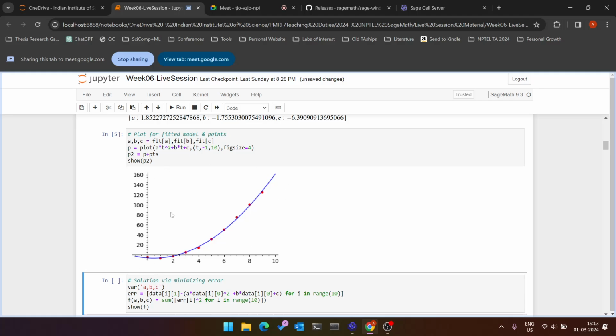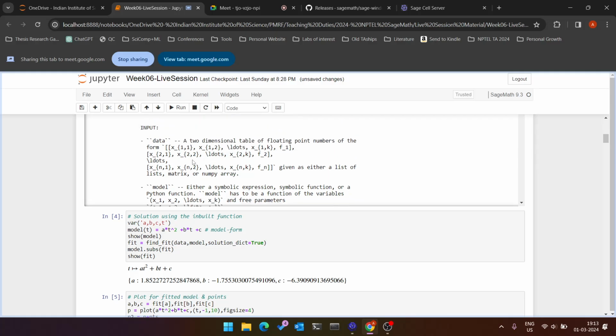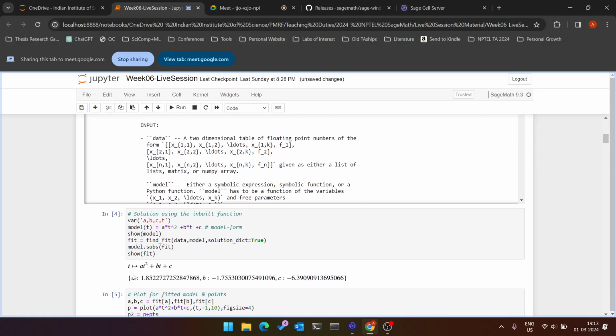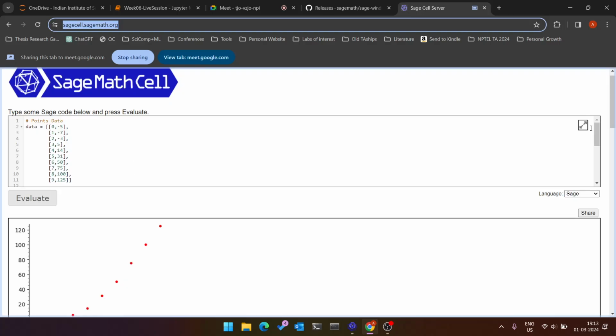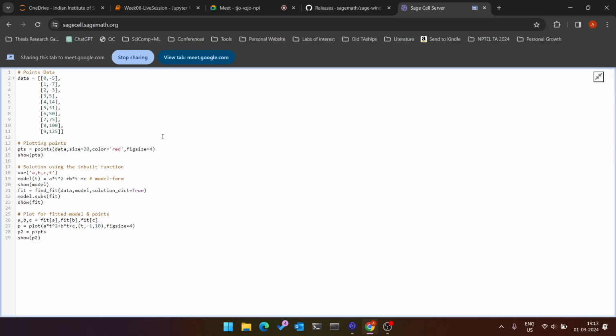Okay, the same process I will quickly show in the Sage Cell server. I have already written this, but in the Sage Cell server I am putting all the four different cells that I have written in my Jupyter notebook, which are my data, my plotting points, my inbuilt function, as well as my fitted model and points. I've just pasted all those four cells here directly.